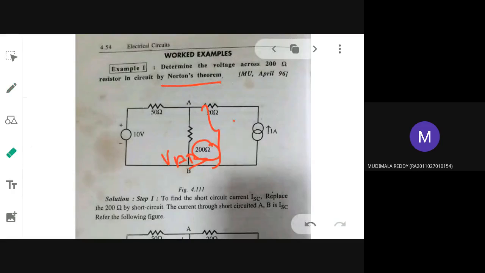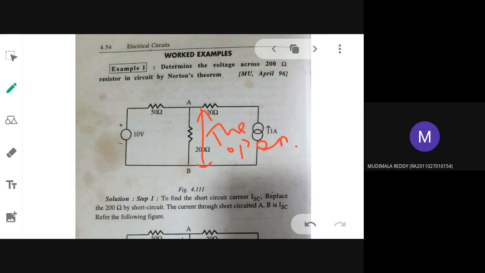If we are discussing Thevenin's equivalent, the first step is that you will open that particular terminal. But this is Norton's theorem, where you will be finding the short circuit current. So what will you do with that terminal? This is the terminal that is concerned. If it is Thevenin's, you will open.